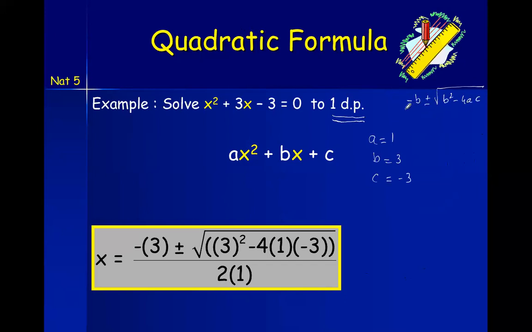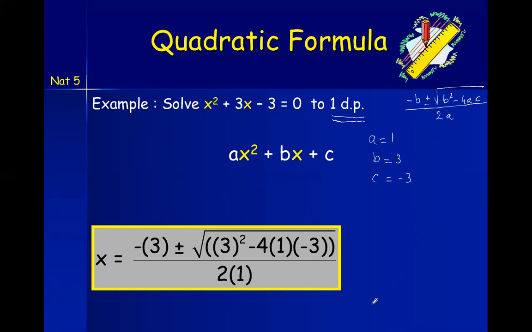If you've used it quite a lot, you'll remember that by heart. So b is 3, you put 3 here, plus and minus the square root of 3 squared minus 4 times 1 times negative 3, the whole thing divided by 2 times a, which is 1.